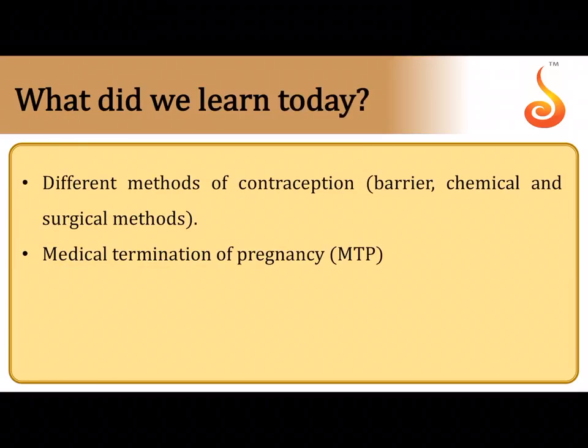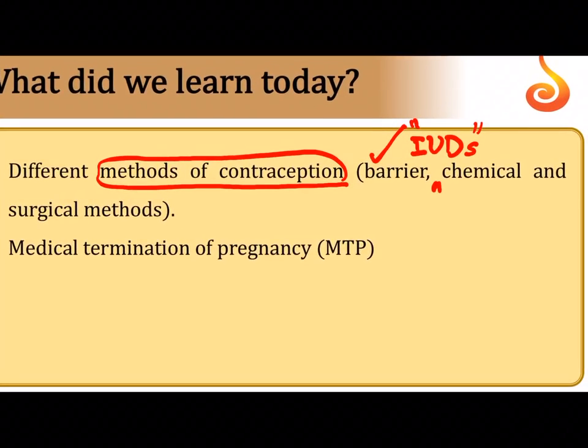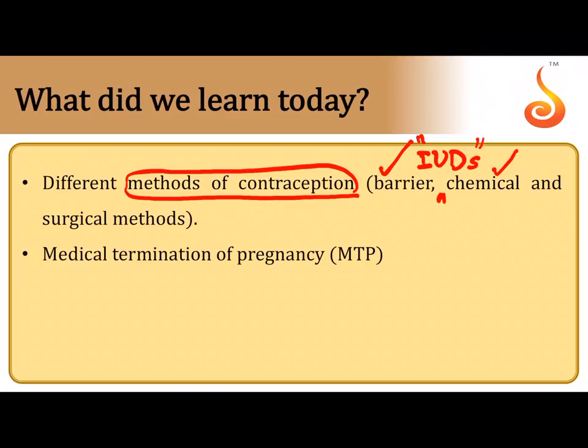So what did we learn in today's class? We learned about the varied methods of contraception. In the previous lecture, we learned natural methods. In today's lecture, we learned barrier methods. We learned mechanical devices like intrauterine devices. We learned about chemical methods, or pharmacological interventions. We learned about terminal methods or surgical methods like vasectomy in males and tubectomy in females.